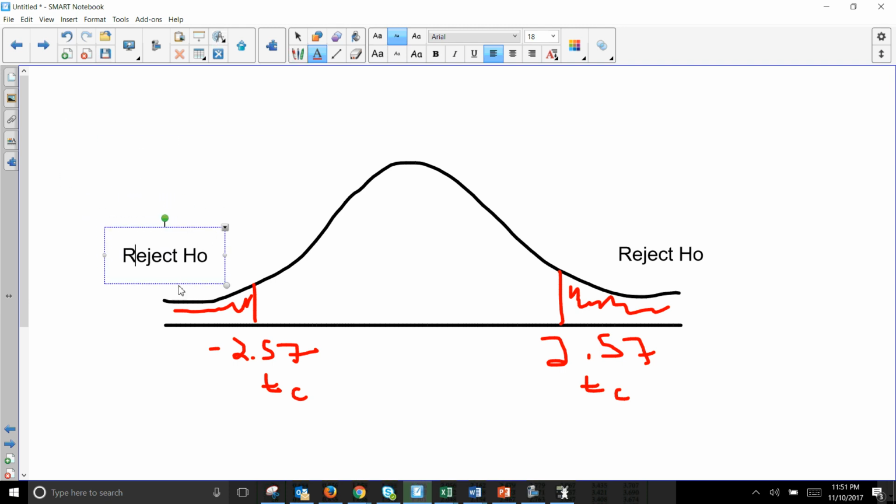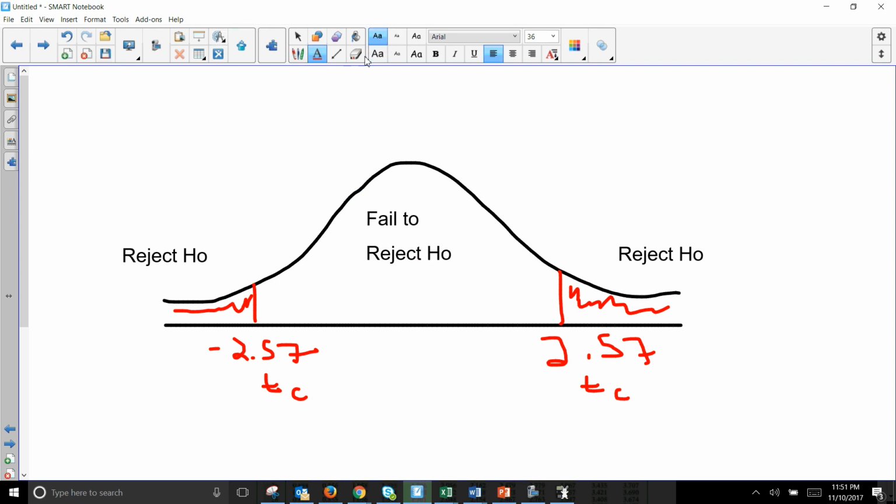And this region over here is going to be reject H0. And this one in the middle is going to be fail to reject the null hypothesis.